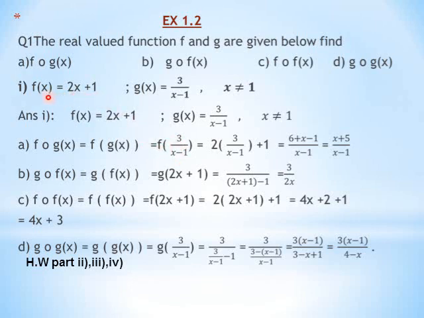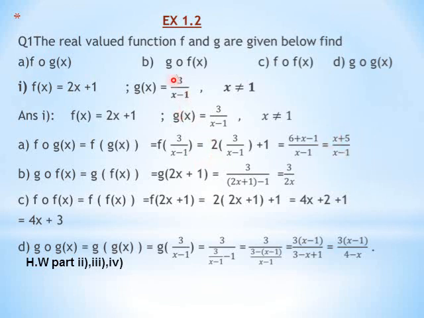There is f of x, 2x plus 1. What is the value of x right now? 3 upon x minus 1. So 2 times 3 upon x minus 1 plus 1. For simplification, take the LCM. 2 times 3 is 6, with x minus 1 in the denominator, so 6 plus x minus 1 is x plus 5 upon x minus 1. This is the answer of the first part, f of g of x, x plus 5 upon x minus 1, a composite function.